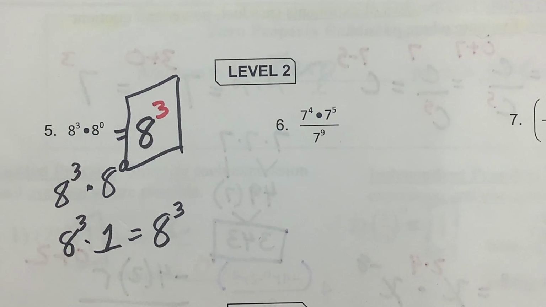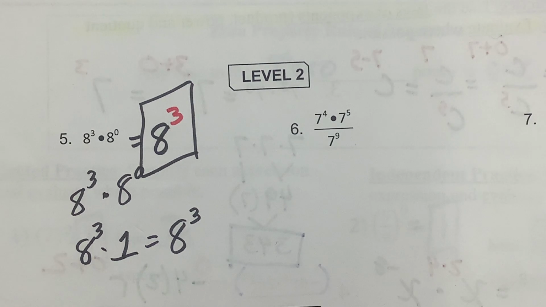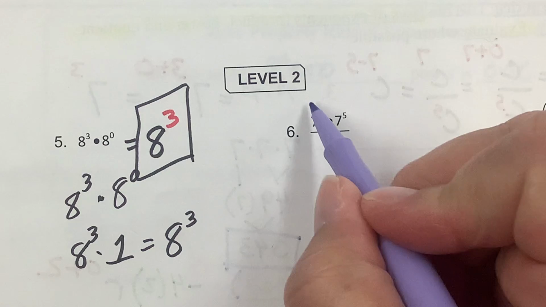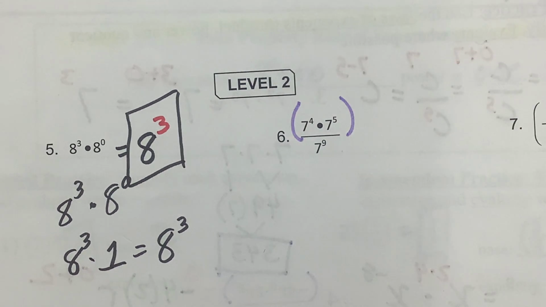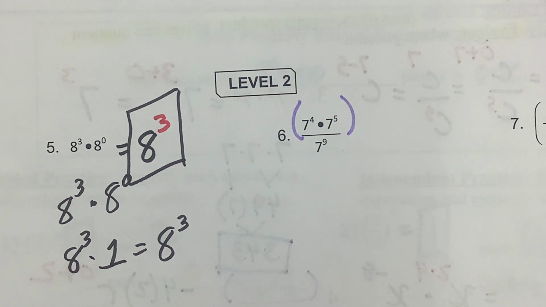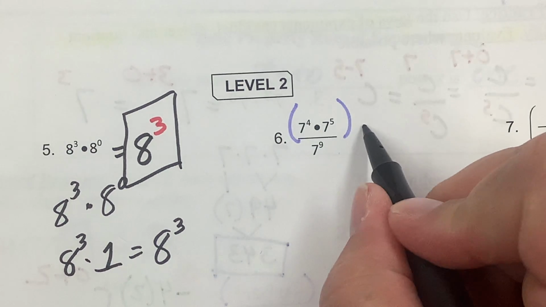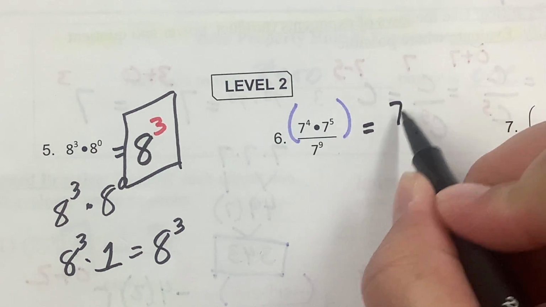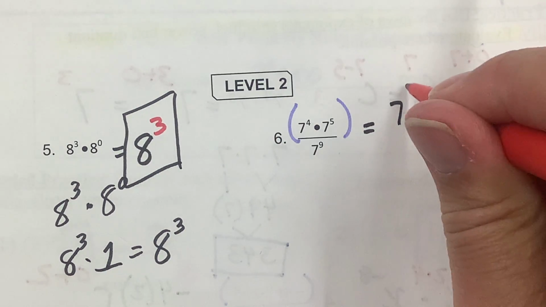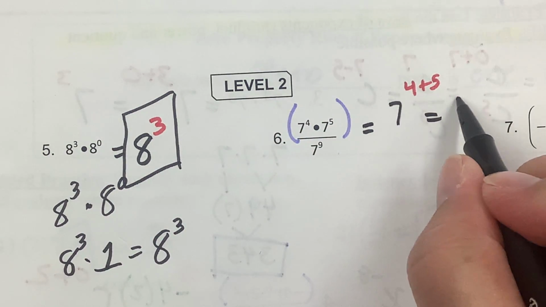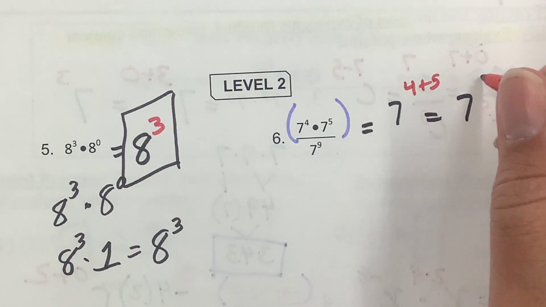This one's a little bit different. I have two different powers here. And remember, when you have the top of a fraction, it's kind of like invisible parentheses. So you have to do the top first. 7 to the 4th times 7 to the 5th. Well, that is the product rule of exponents. 7, and I'm going to add 4 plus 5, and I get 7 to the 9th power.